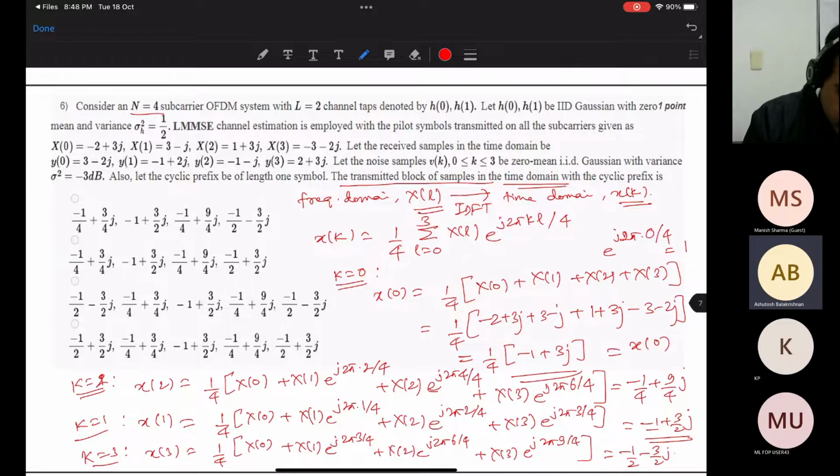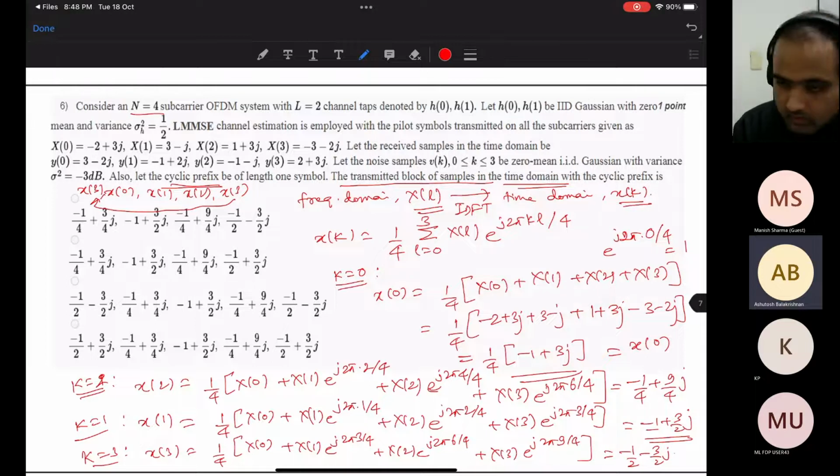And then they have asked about the cyclic prefix also. So what will happen is that we basically have x0, x1, x2, x3, right? So x3 will actually go in the initial position. So this is the final transmitted block.